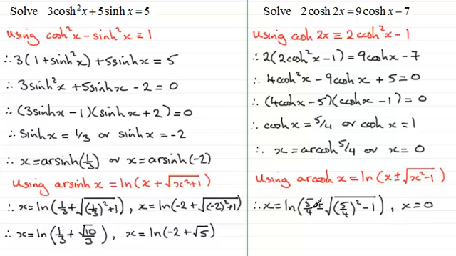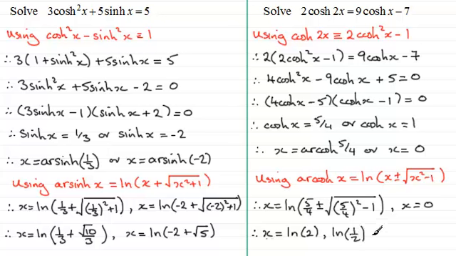Now when it comes to cleaning up this first term, it works out very nicely actually, because the square root of 5 quarters all squared minus 1 is the root of 9/16, which is going to be 3 quarters. So you've got 5 quarters plus or minus 3 quarters, and that leads to the natural log of 2, or the natural log of a half.